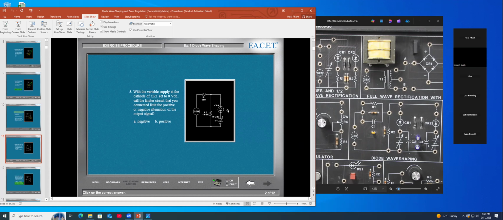And also they go to CR1. And now you need to add another jumper here, correct? So they go here, to the diode. If you do not connect it right, anything will be wrong.